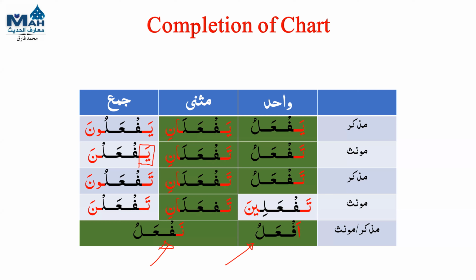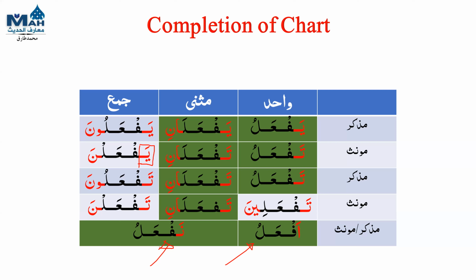You can do: yaf'alu, he is doing or he will do; yaf'alani, they both are doing or they will do; yaf'aluna, they are doing or they will do; taf'alu, she is doing or she will do; taf'alani, they both female are doing or will do; yaf'alna, they feminine will do or they are doing.